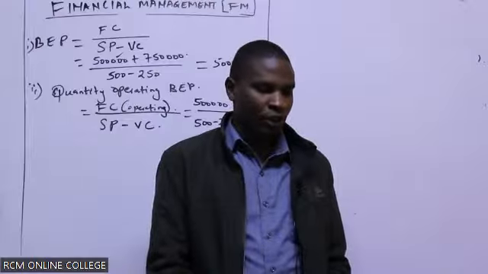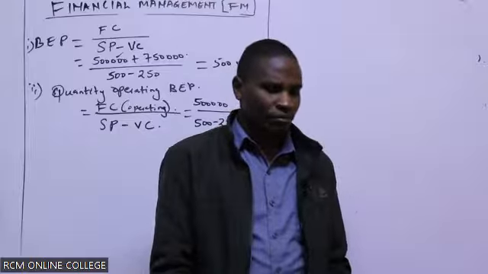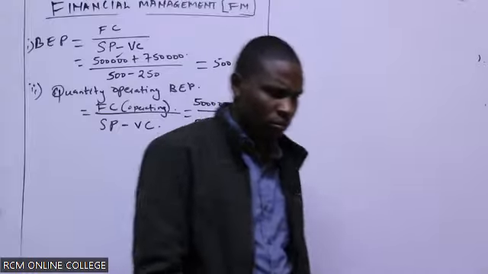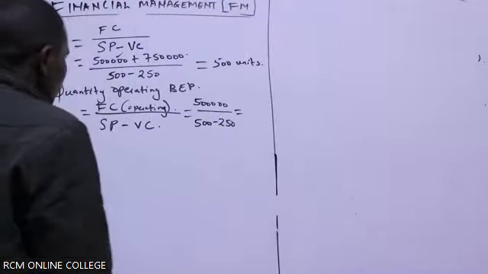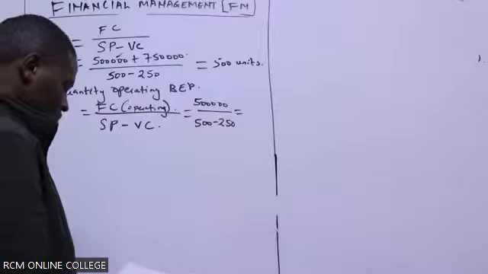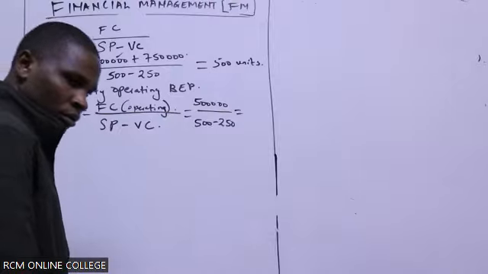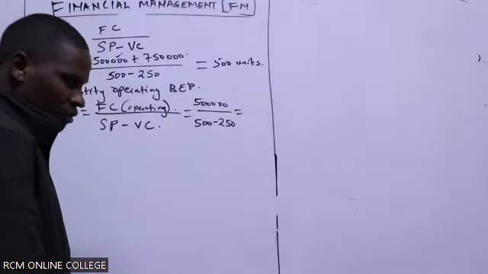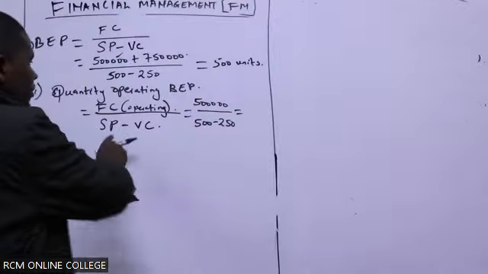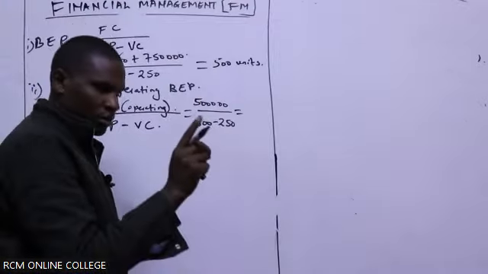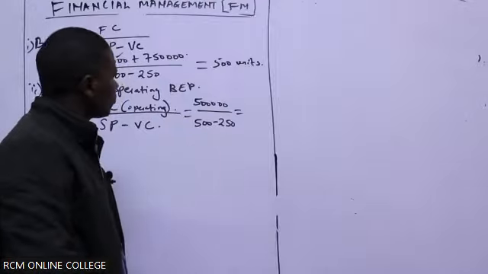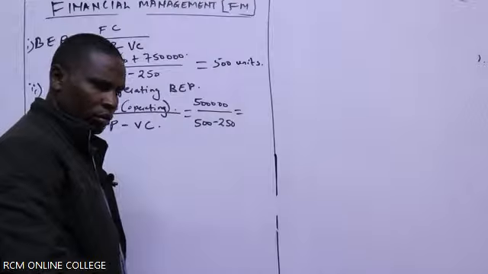Degree of operating leverage. Aje? Tuambia it is 500. The selling price is 500. Ama ni 5. Okay, tuone.